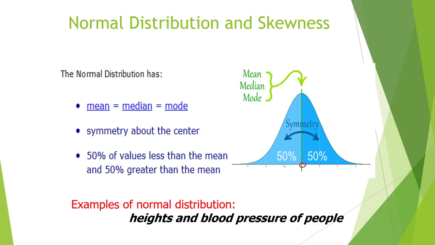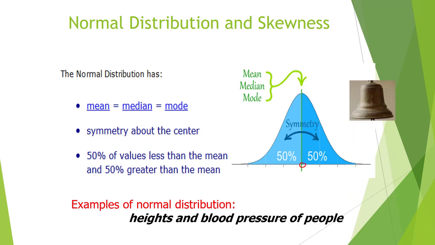As height decreases towards the lower end, we have fewer and fewer people. The same is true for blood pressure. Most people will have normal blood pressure close to the mean. As blood pressure increases towards the higher end, we have fewer people. As blood pressure decreases towards the lower end, we have fewer people. So that's normal distribution.